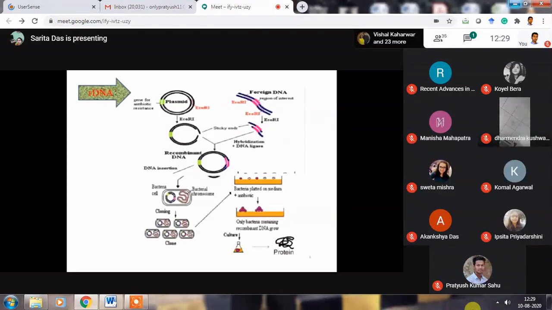So this is the most user friendly system to make our recombinant proteins.